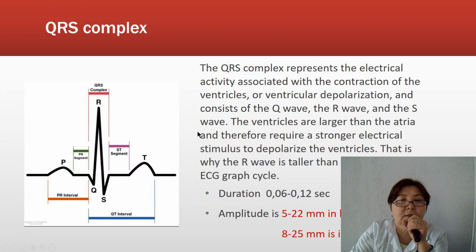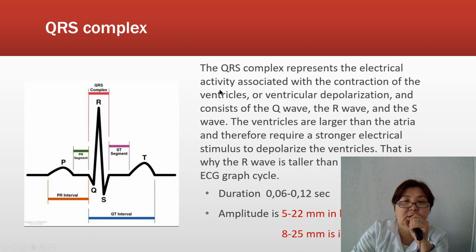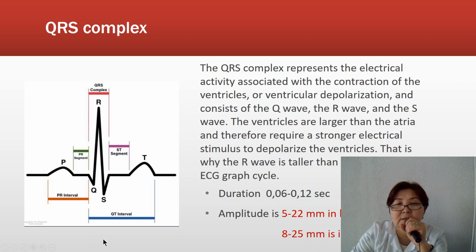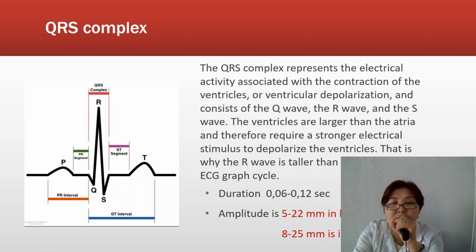QRS complex. The QRS complex represents the electrical activity associated with the contraction of the ventricles, or ventricular depolarization, and consists of the Q wave, R wave, and the S wave. The ventricles are larger than atria and therefore require a stronger electrical stimulus to depolarize.